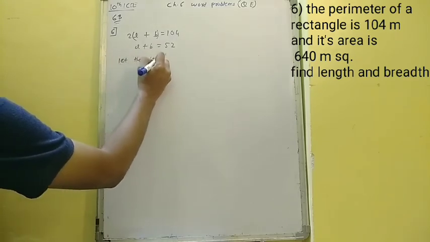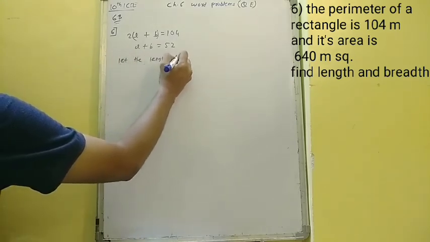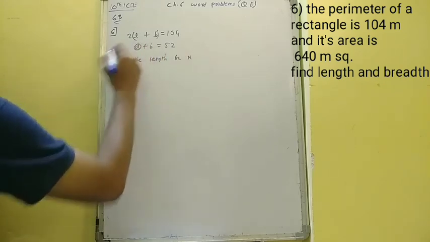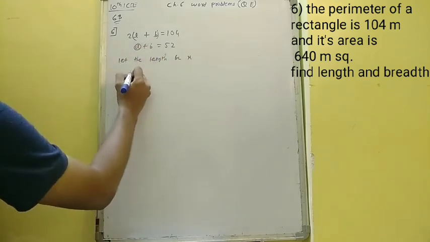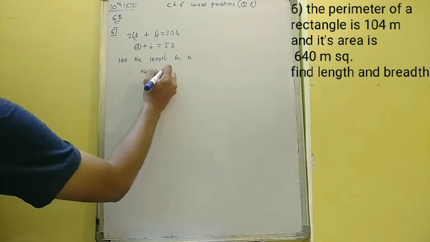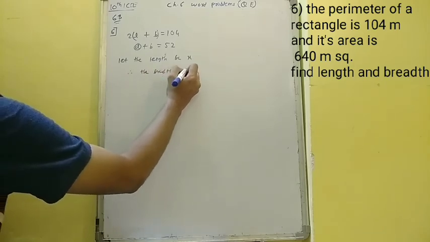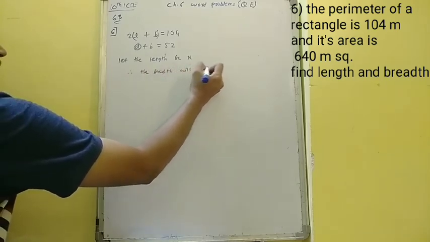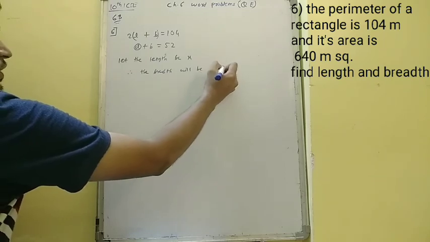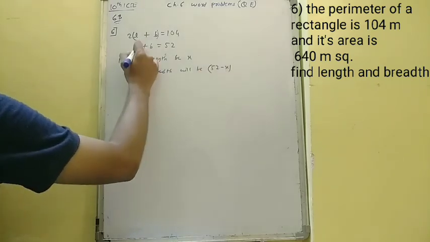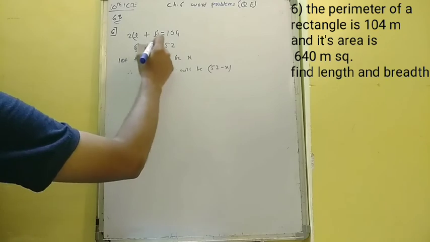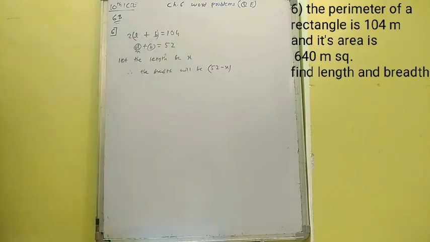Let the length be x. Therefore, the breadth will be 52 minus x. See, length is x, x will go there. So, therefore, breadth will be 52 minus x.